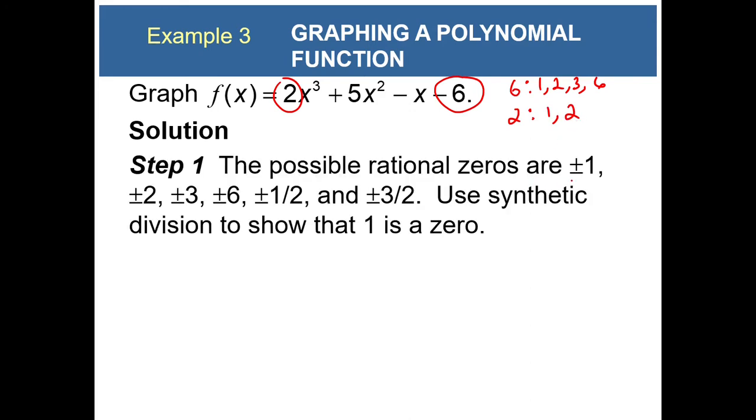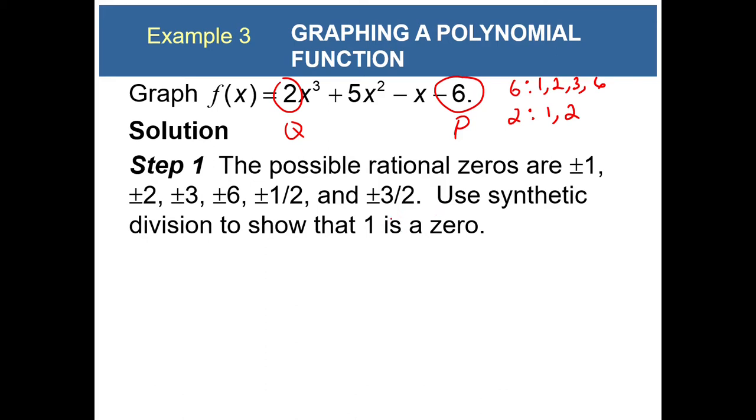The possible rational roots are then plus or minus 1, plus or minus 2, plus or minus 3, plus or minus 6, plus or minus 1/2, and plus or minus 3 over 2. Remember, we're taking all of the values of p and putting them over the values of q, and that's how we get the list of possible rational zeros.